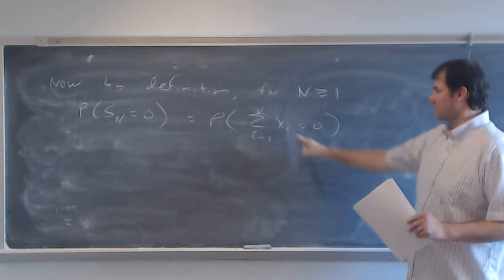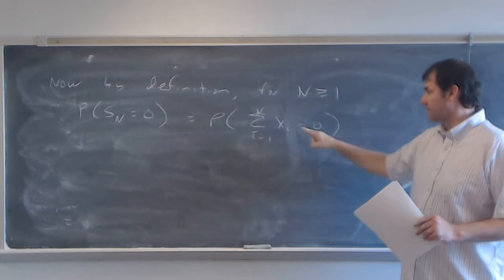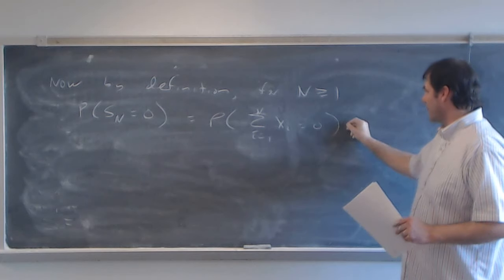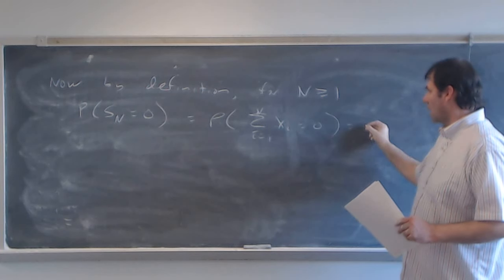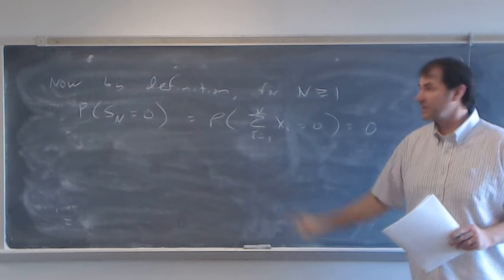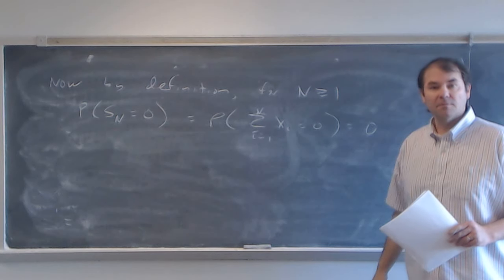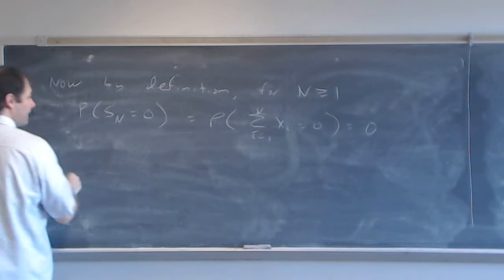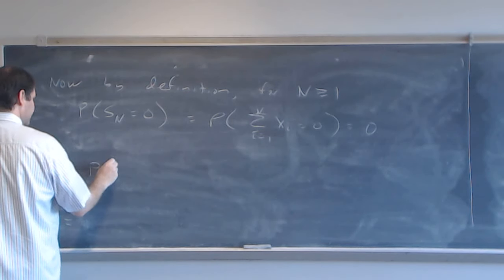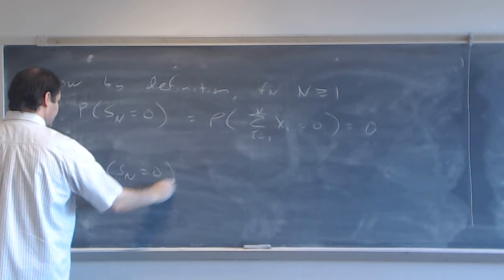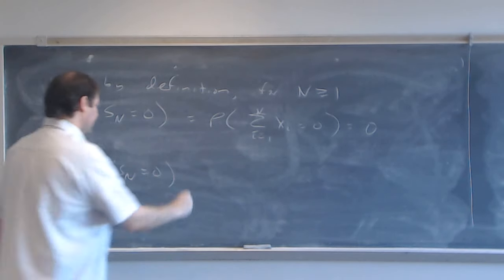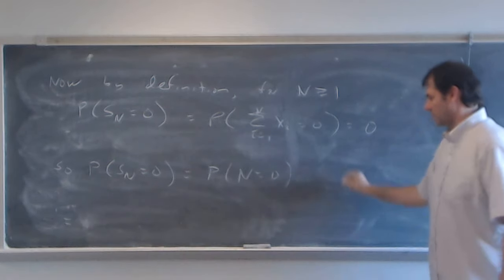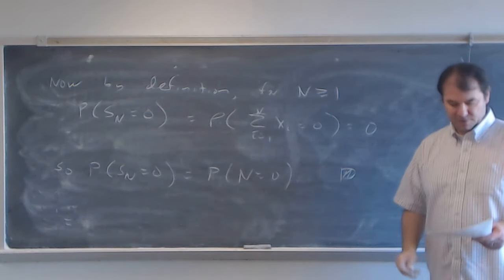So as long as n is bigger than or equal to 1, we're looking at S of n not 0. And that's going to be equal to 0 because the x of i, by their definition, are positive integers. So the only time S of n can be equal to 0 is when n is equal to 0. And that's the second thing we're going to prove in this corollary. So that concludes it.